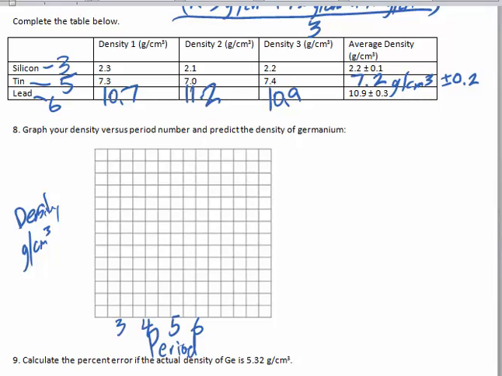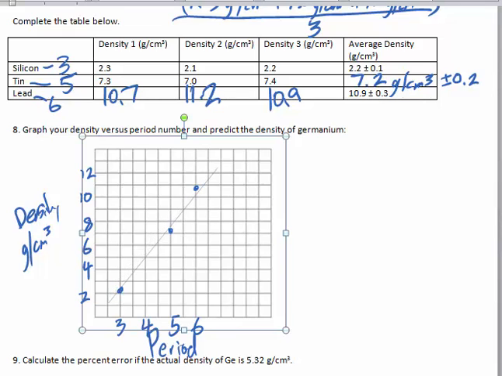You notice that the densities that you're graphing here, the average ones, the highest number is 10.9. So I'm going to make sure that I am able to graph everything within this piece of graph paper. So I'm going to put these numbers in for these 3. And once you do that, you should draw a line which fits through these points.